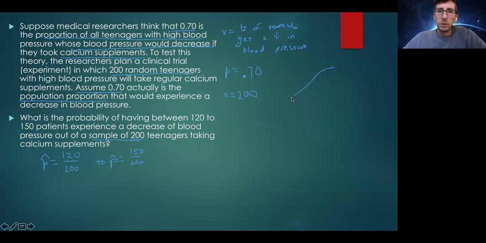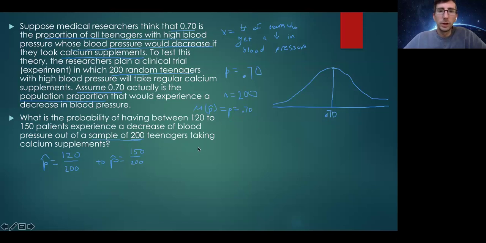So what should we do to solve this problem? Well, we know that the average of all of our sample proportions is going to be equal to the population proportion. So we know our normal distribution will be centered at 0.70, that's its average.